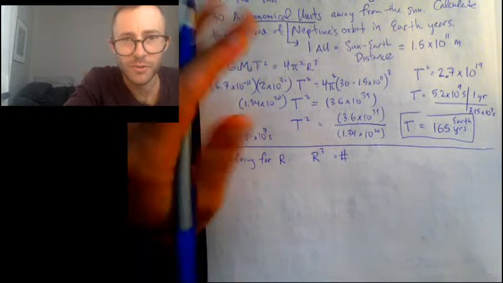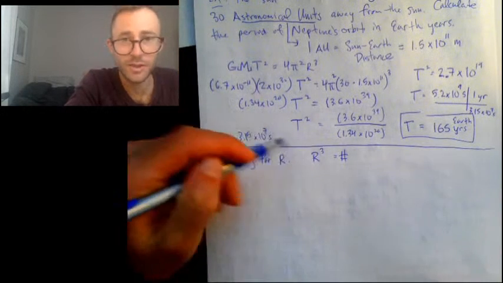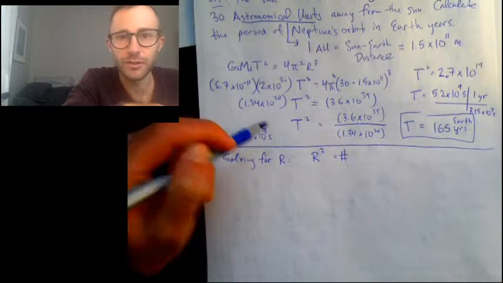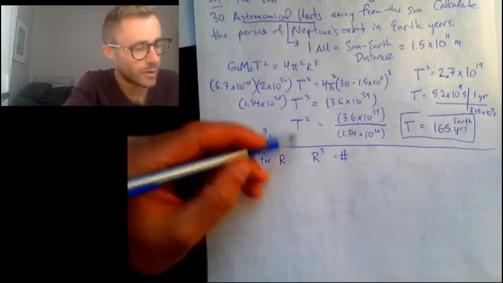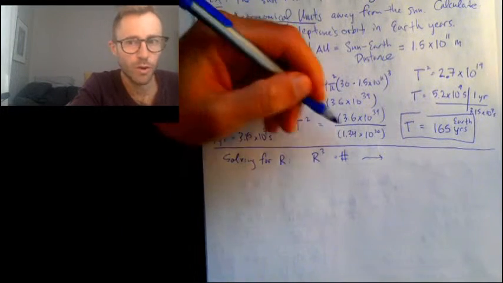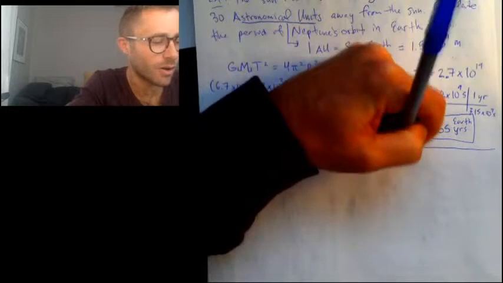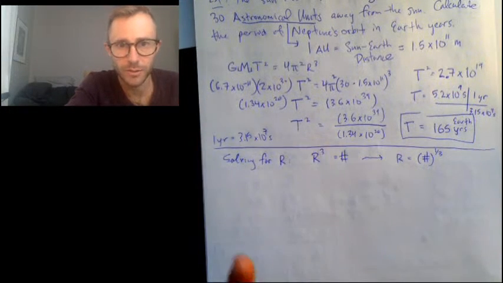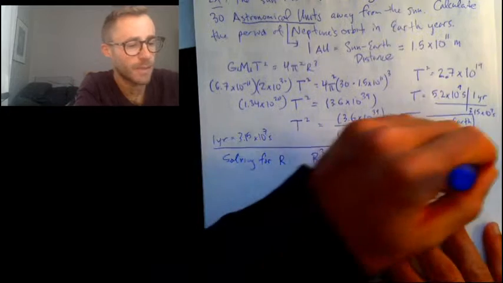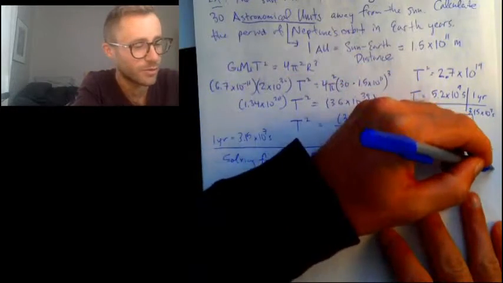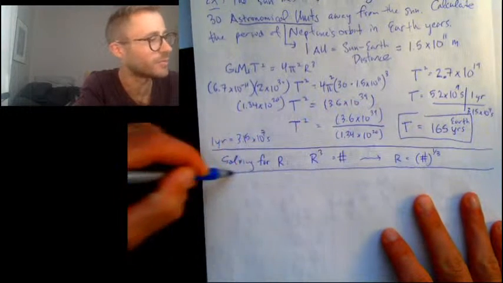So I just want to briefly remind you how to solve for r in this case. You would take the cube root, which is equivalent to raising to the 1/3 power. So if you solve this, you raise both sides to the 1/3 power, and you would get r equals number to the 1/3. Okay, so I just wanted to make sure everyone was on the same page with that. Because I know you take square roots all the time, but I don't know how often you need to take cube roots. But this is one of those times.